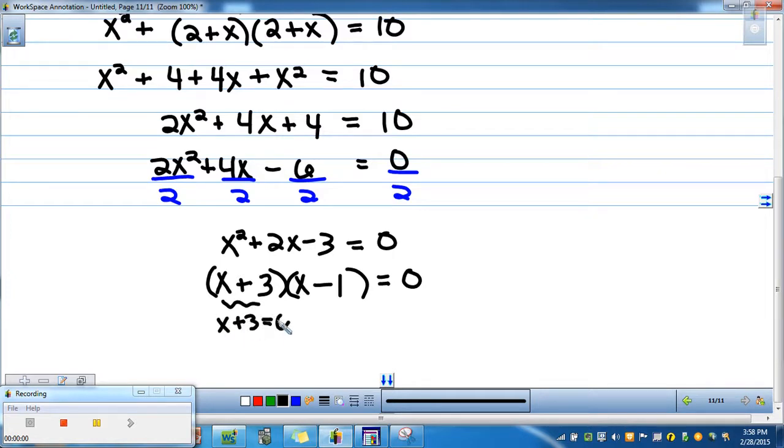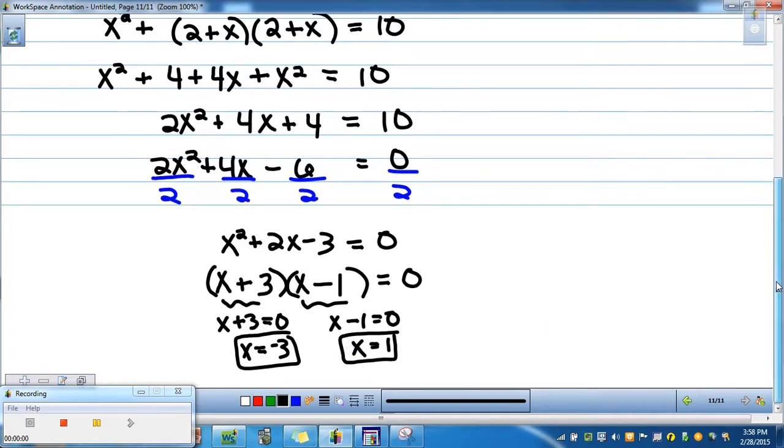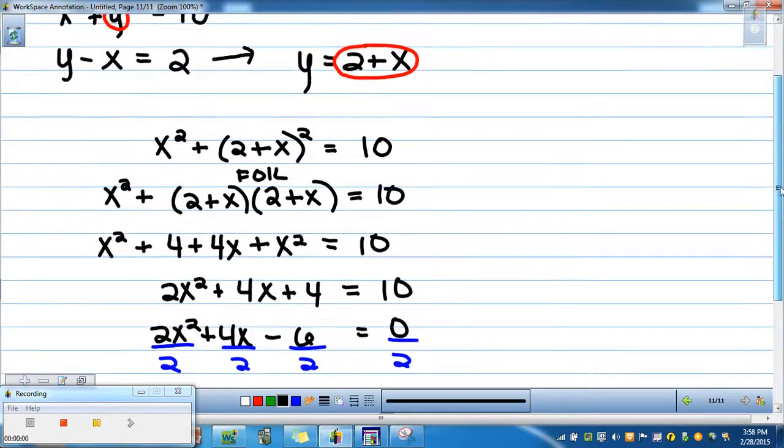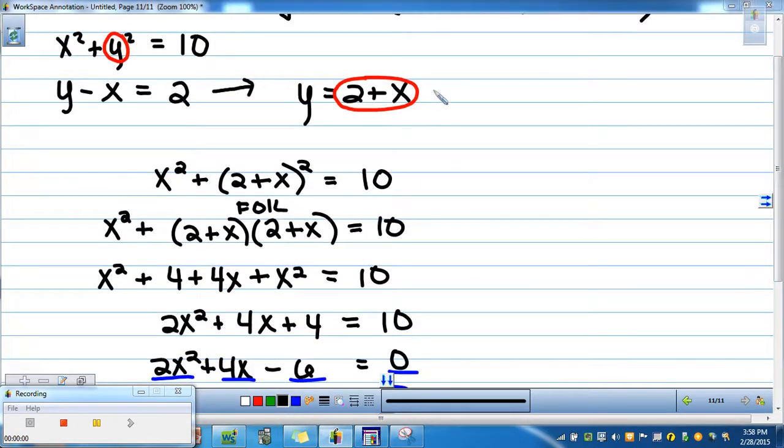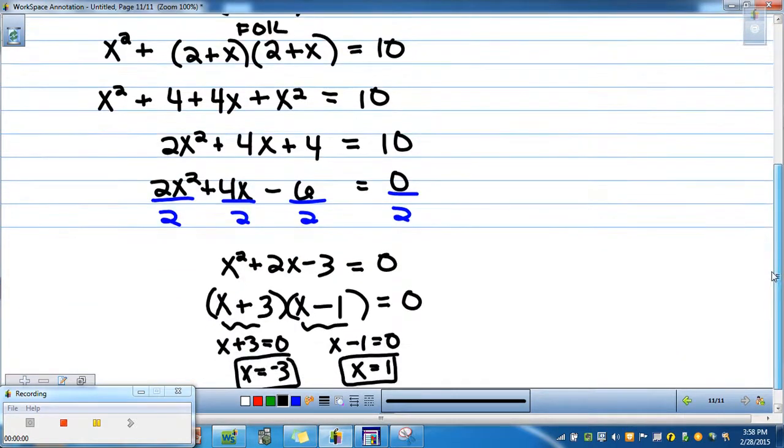Set each factor equal to 0 and solve for x. These represent the x values for the intersection points. Going back to the original, using this y equals 2 plus x, we can plug those x values in to get their corresponding y values.